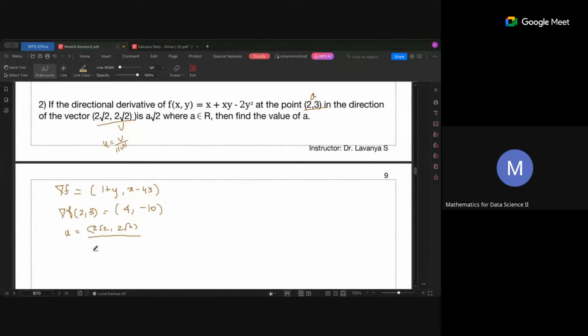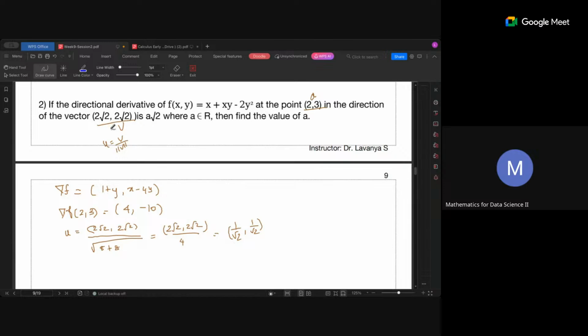What is the norm of this vector? Under root 16, which is 4. So simplifying, it is (1 by root 2, 1 by root 2). Okay, so just one note here.